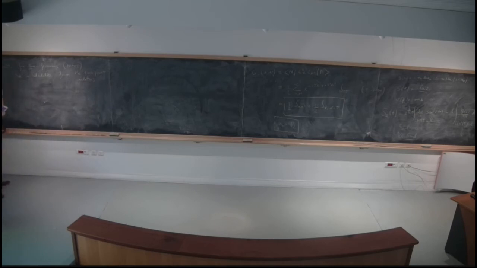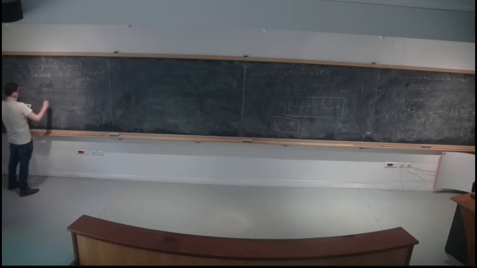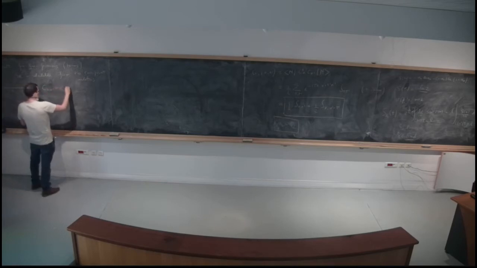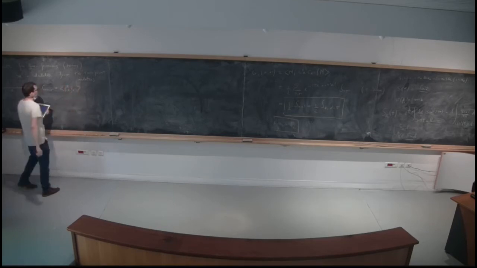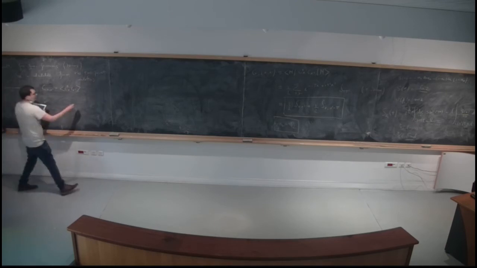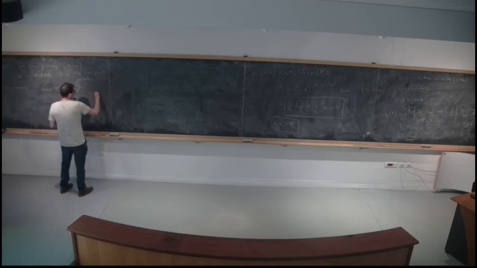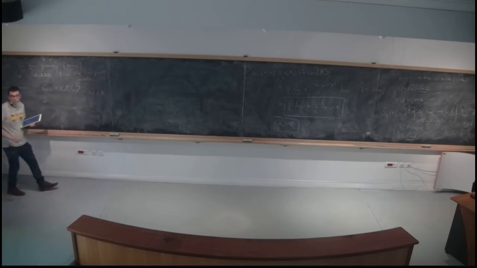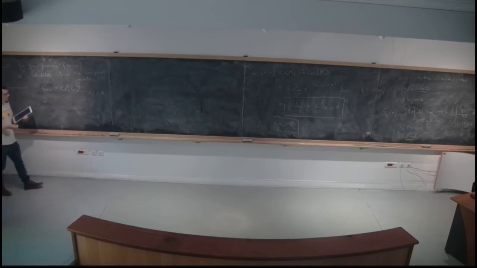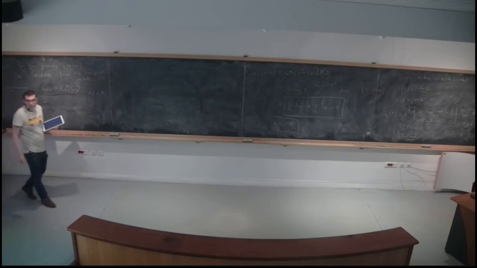Here you have your system, then you have your subsystem A. Consider the correlation matrix C(x, x'), where now x and x' are within A. I'm going to show that, rather easily, if you have access to this matrix, you can compute the entanglement entropy.